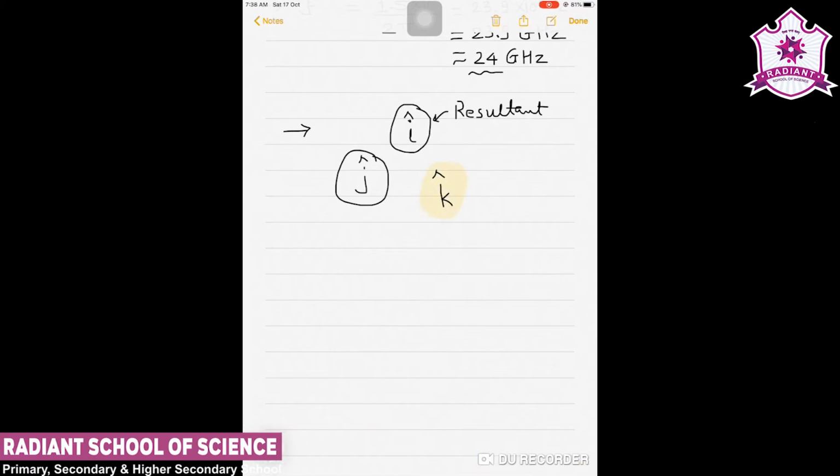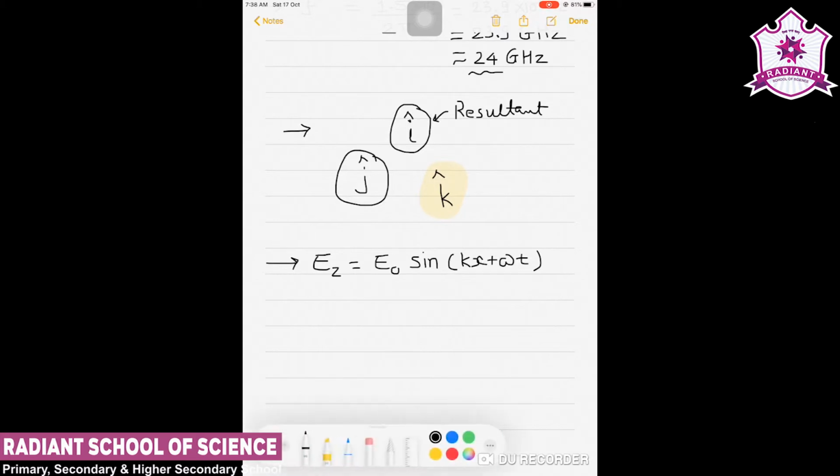It is clear that it will be on the z axis, and we can compare with the equation of the electric field, Ez equals E0 sine (kx plus omega t).